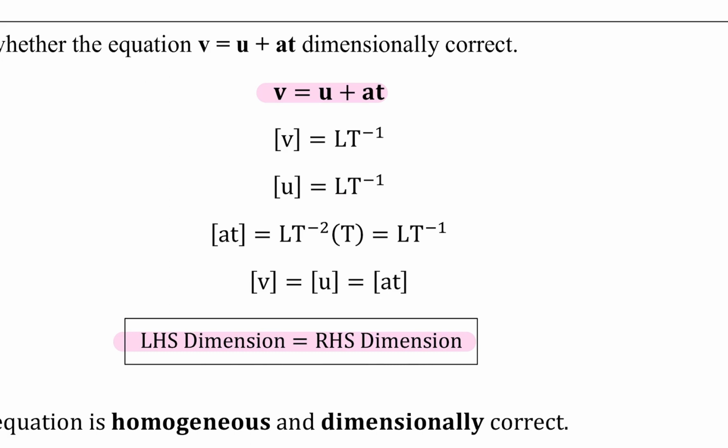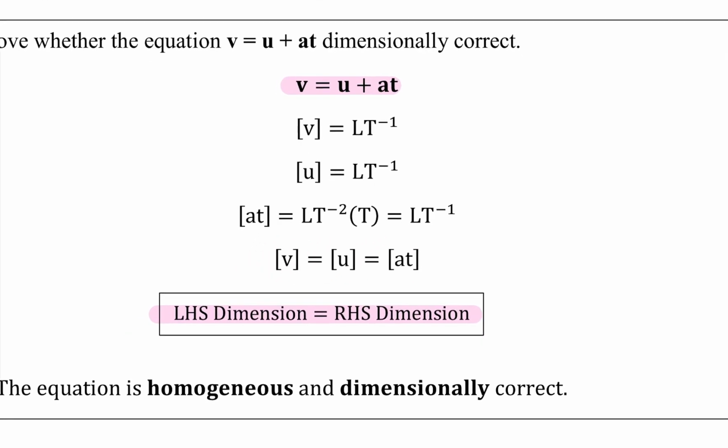Then the dimension for AT: acceleration is LT^-2, and T is the dimension for time, so we get LT^-1. As the dimension for V is equal to the dimension for U and equal to the dimension of AT, the equation is homogeneous and dimensionally correct. If the dimensions are not the same, it is not allowed.